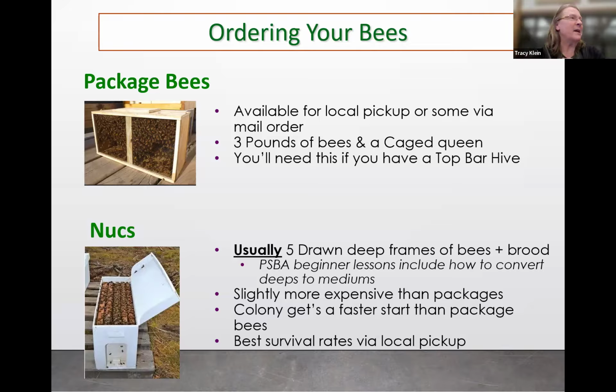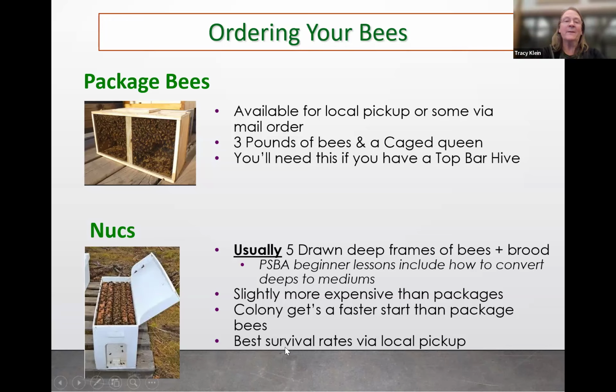So just be really careful about what you're purchasing. People often come to me and say, well, your nukes are more expensive, right? Because there's actually 5 frames of bees in there. And then the nucleus colony should also include a queen that is laying, not in a cage, but a laying queen, which is a big difference between packages and nucleus colonies.